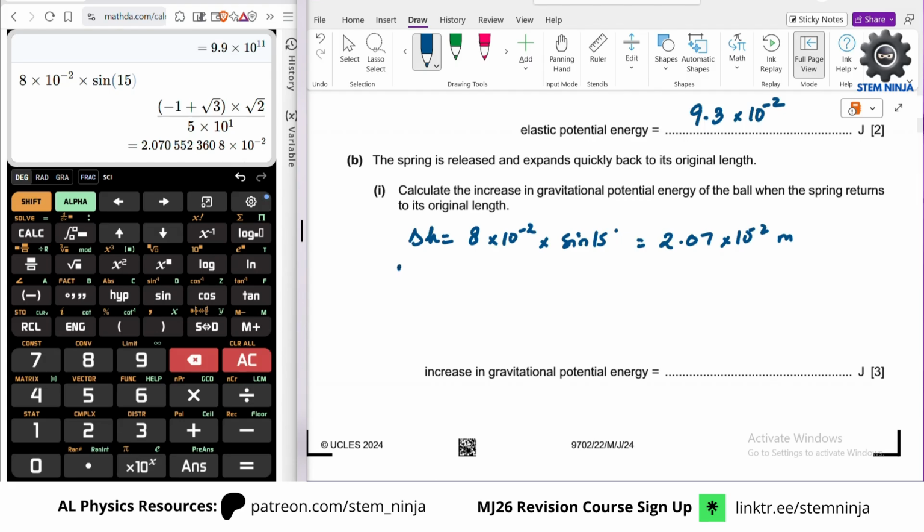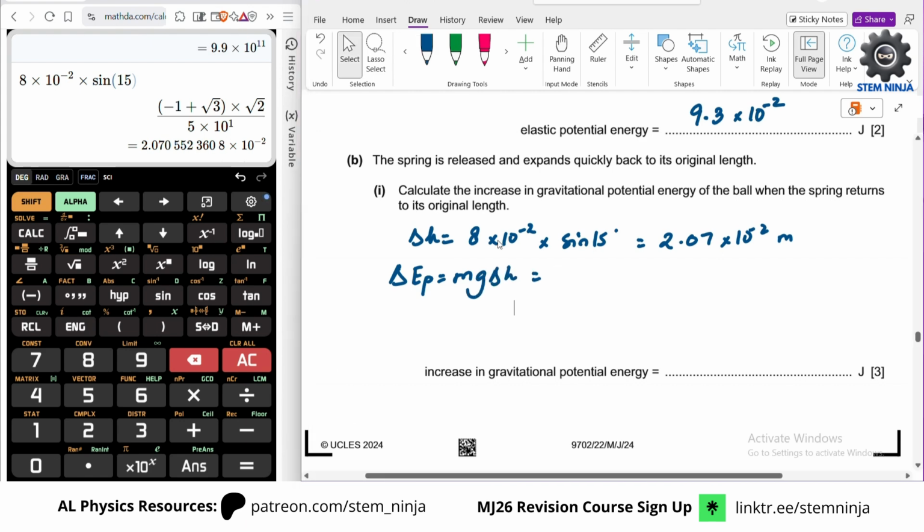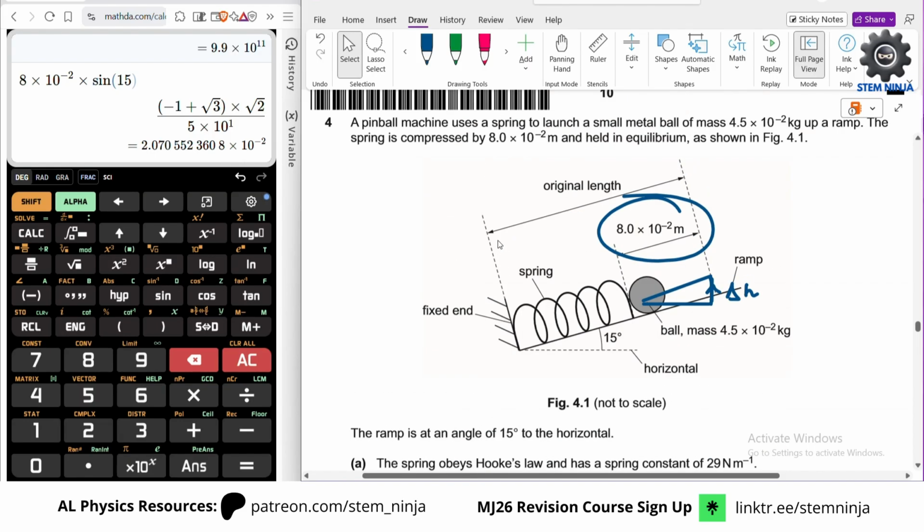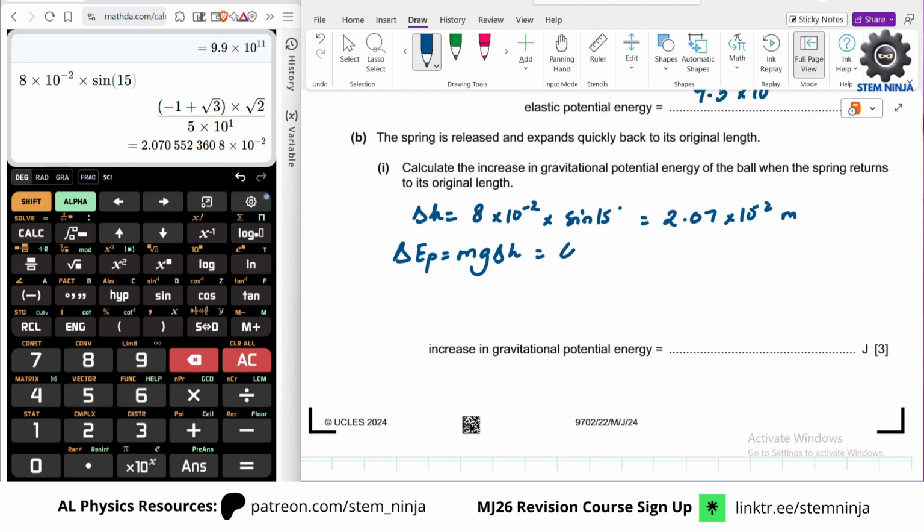So EP is equal to mg delta H. So mass is 4.5 times 10 raised to the power minus 2 times by 9.81 times by 2.07 times 10 raised to the power minus 2.